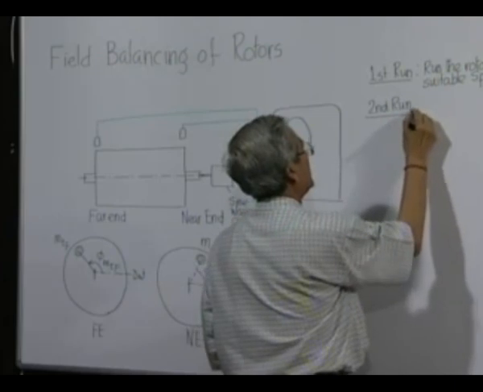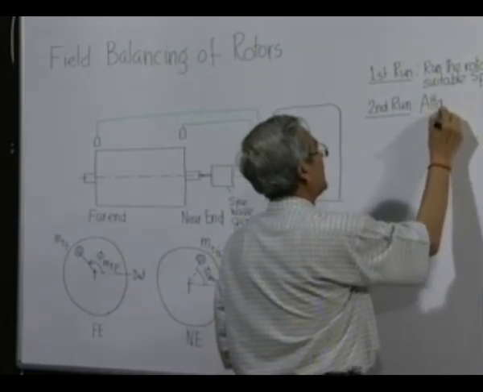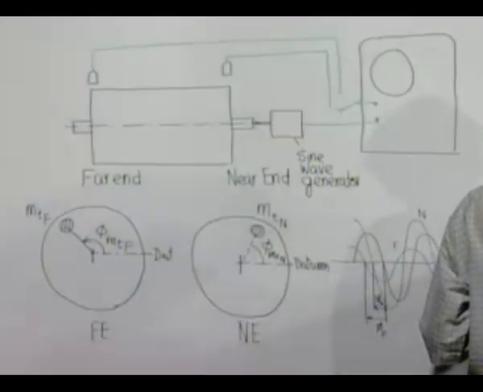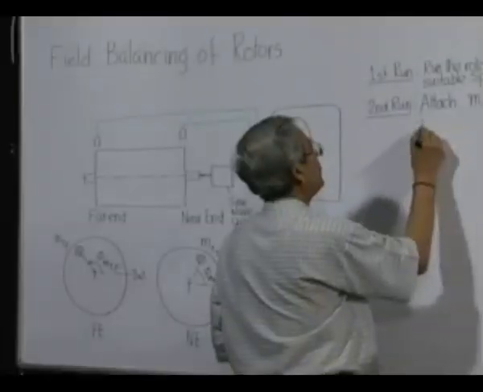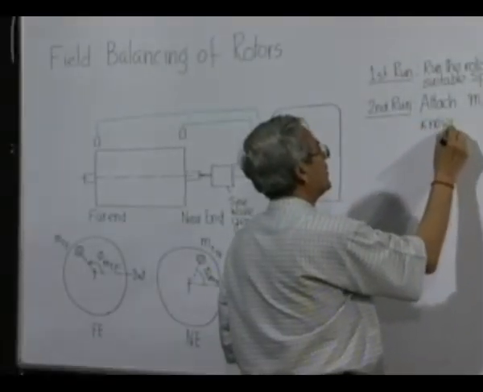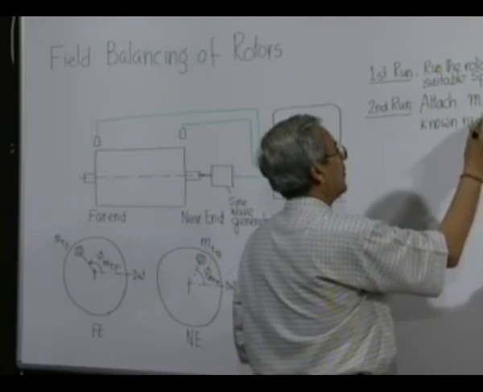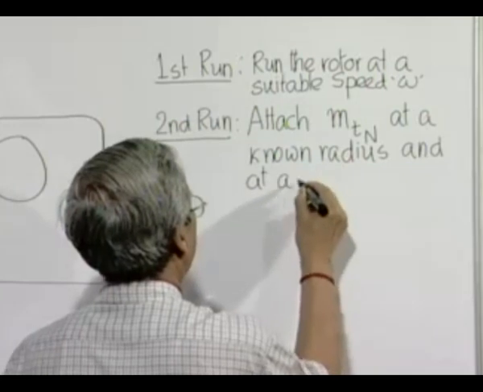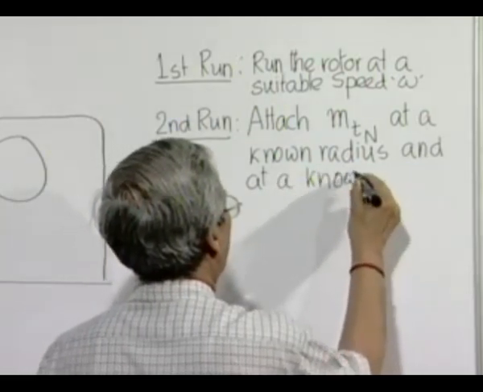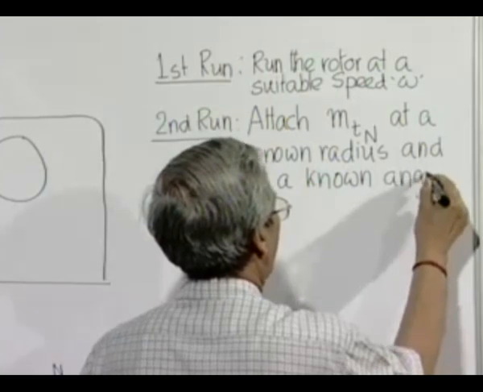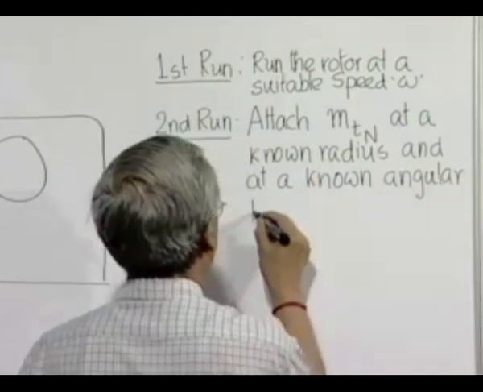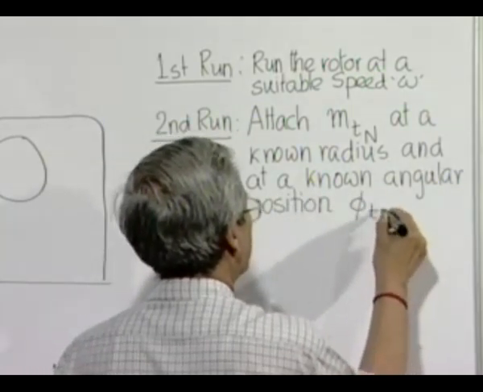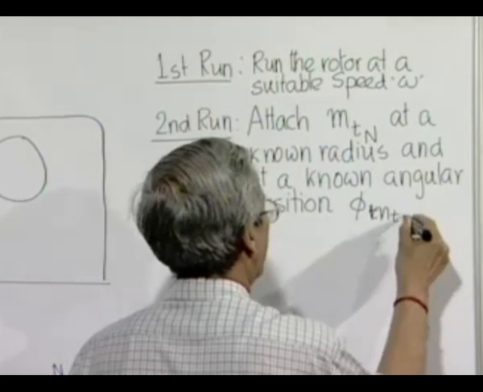We have already completed. Attach a trial mass at the near end at a known radius and at a known angular position given by phi MTN.